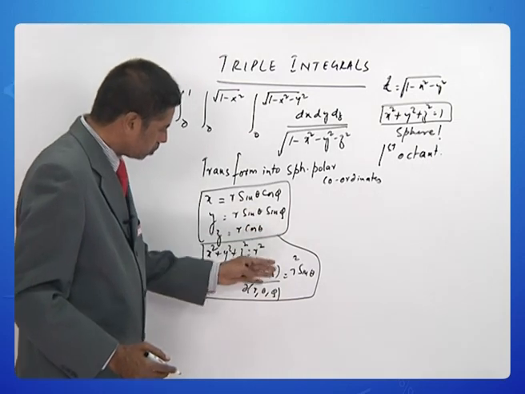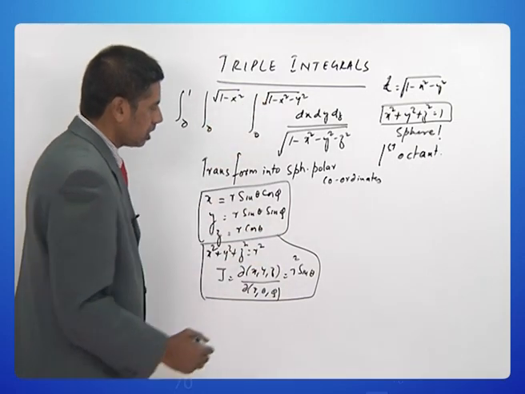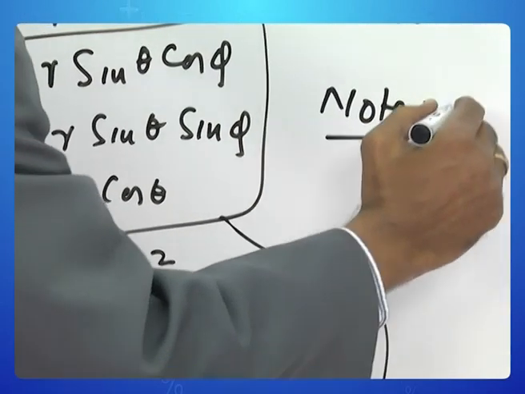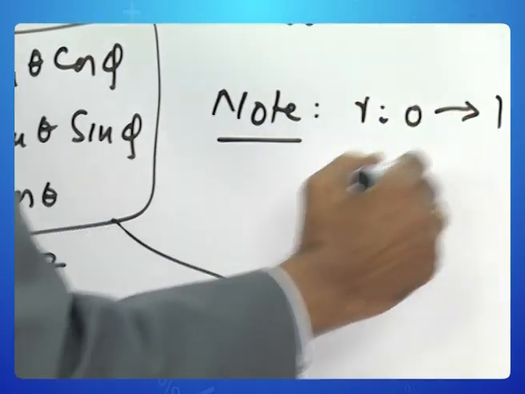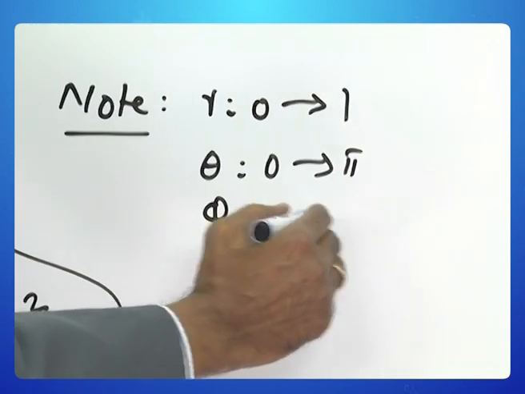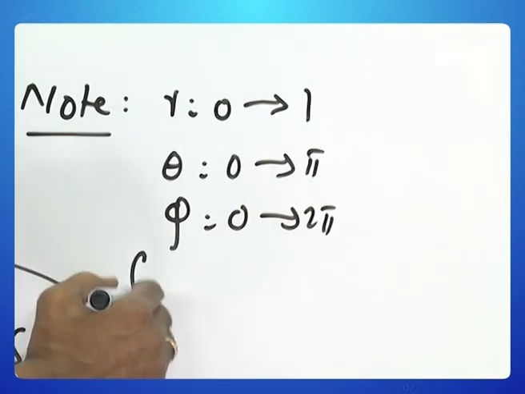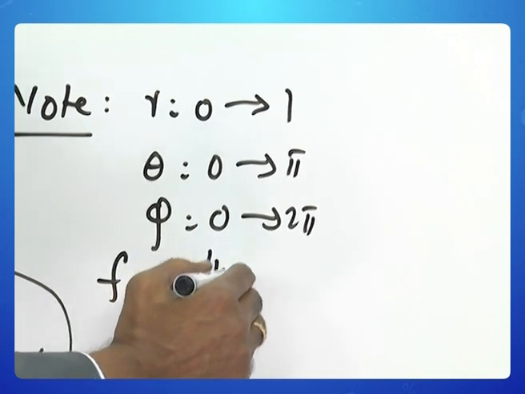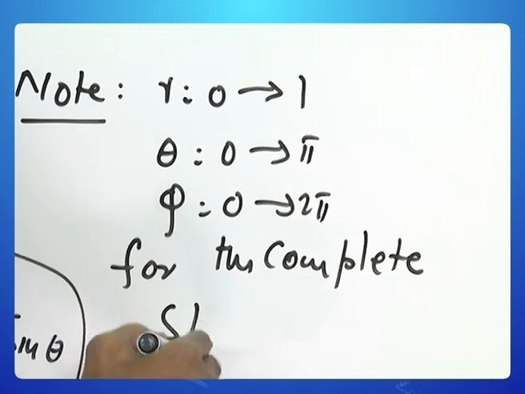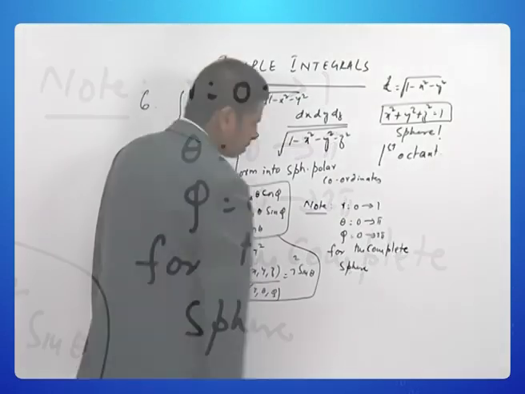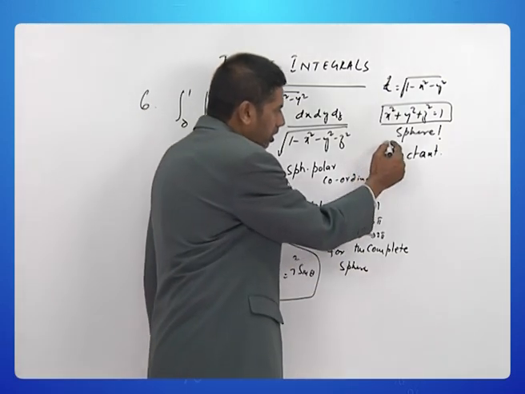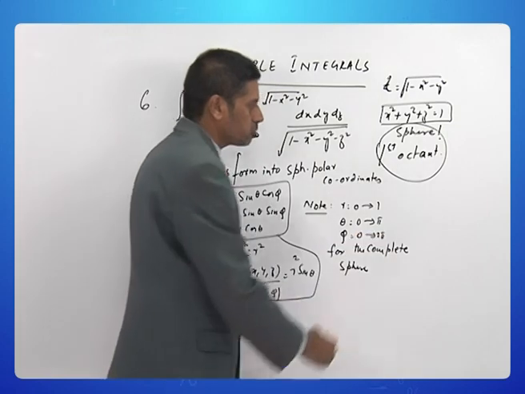So now if you introduce these transformations into this, and not only that, we note that r varies from 0 to 1, theta varies from 0 to pi, phi varies from 0 to 2 pi for the complete sphere. But let us not forget, we are integrating only over the first octant of the sphere.